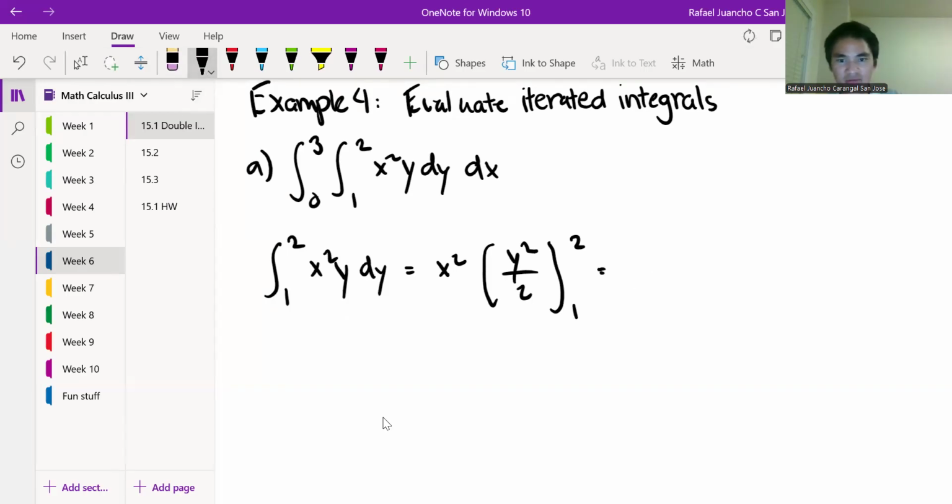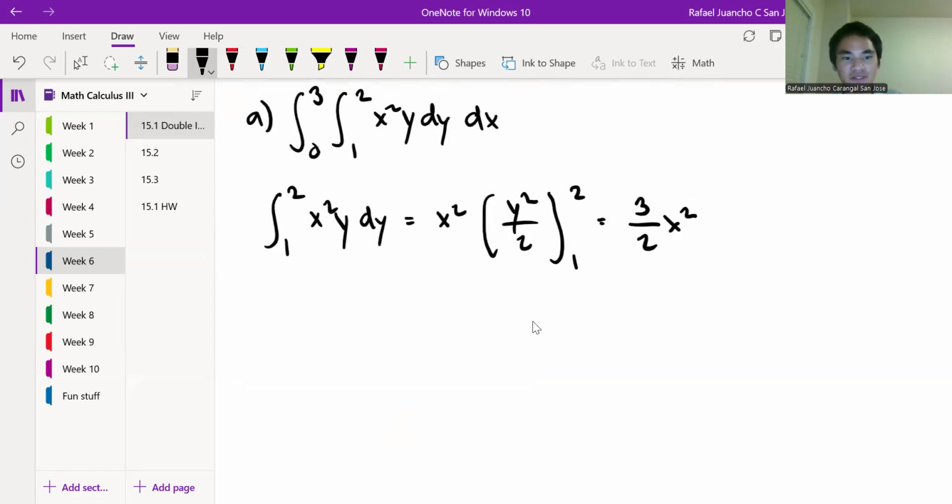We get the antiderivative x squared times (4/2 minus 1/2), and that's 3/2. So we get 3/2 of x squared.